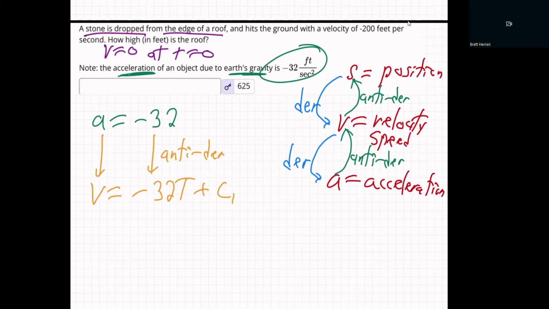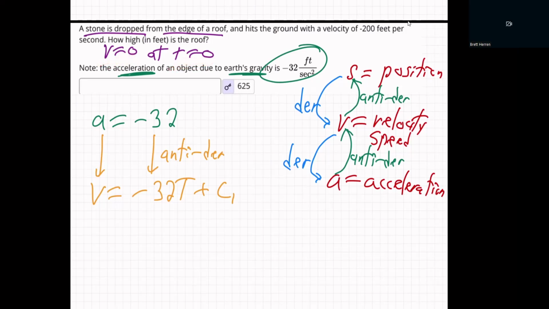They don't give the stone an initial velocity. They just drop it. So the minute you let go of it, for just a split second, it is hanging with 0 velocity. It's not going down, it's not going up, and then gravity starts pulling on it, and of course it goes down.